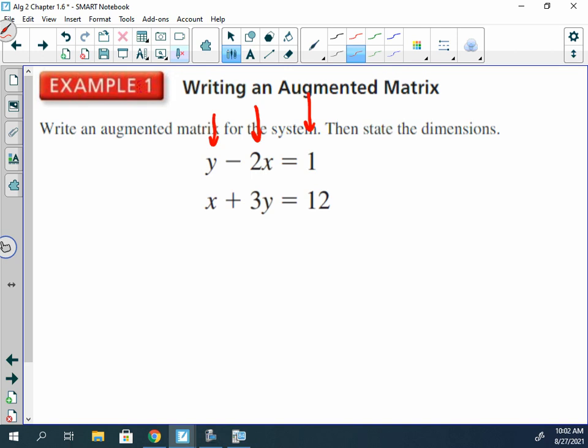But is the top equation in that form? No. So we just need to switch the 2x and y. If I switch that, I'll have negative 2x plus y is equal to 1. I just needed to switch those two terms. Now, because it's minus 2x, that negative is connected with the 2x, so it stays negative.